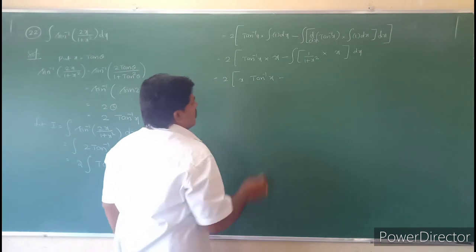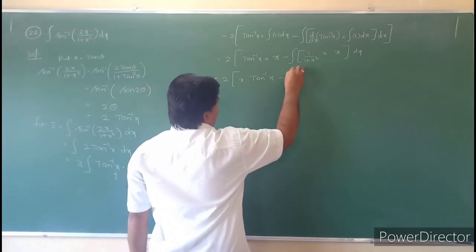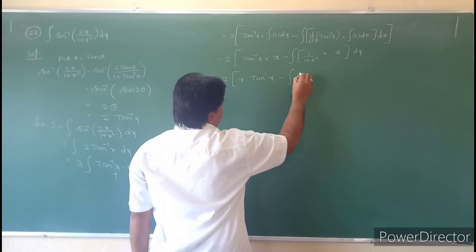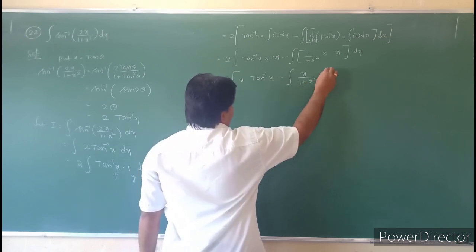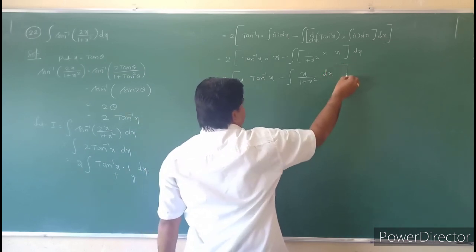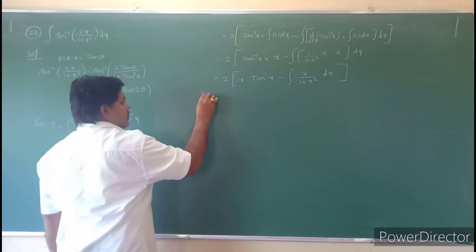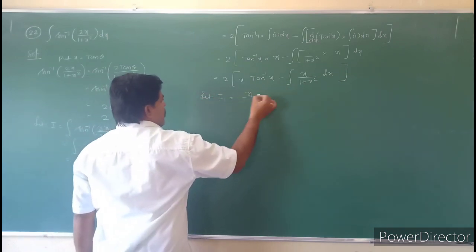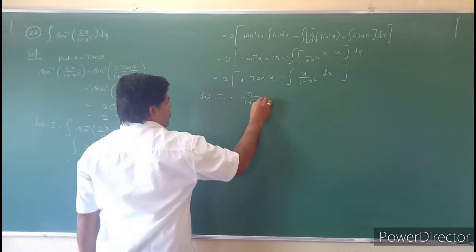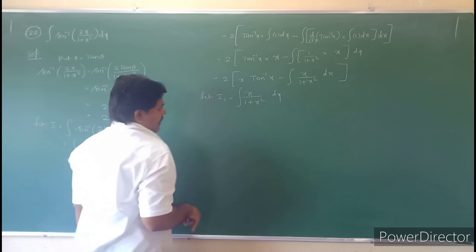See that, x into tan inverse x minus integral of x by 1 plus x square into dx. So take this as I1. Let I1 be the integral of x by 1 plus x square into dx.